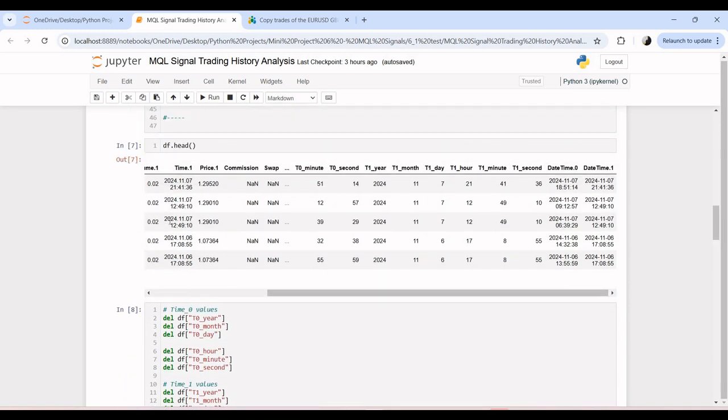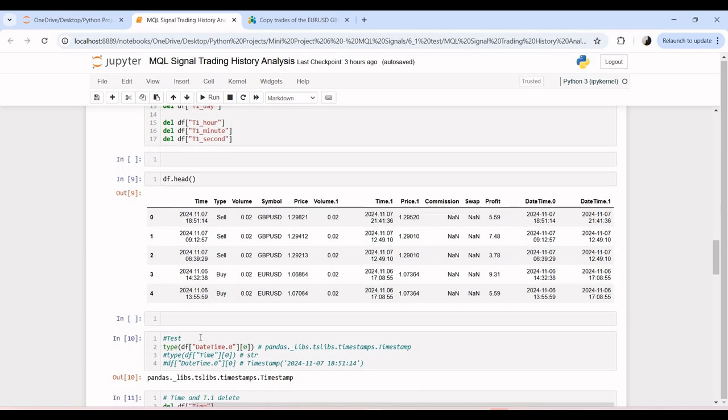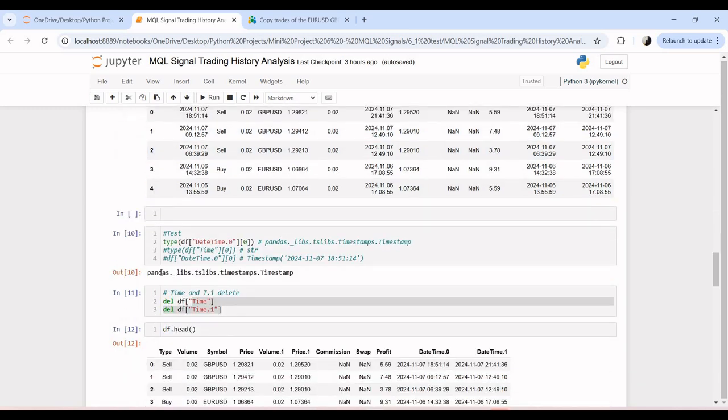So we do that by stripping out the components of the string and then converting them to a datetime object. So here we can see the original time, and here's the datetime. And here we're just confirming that the type of the datetime is a timestamp.